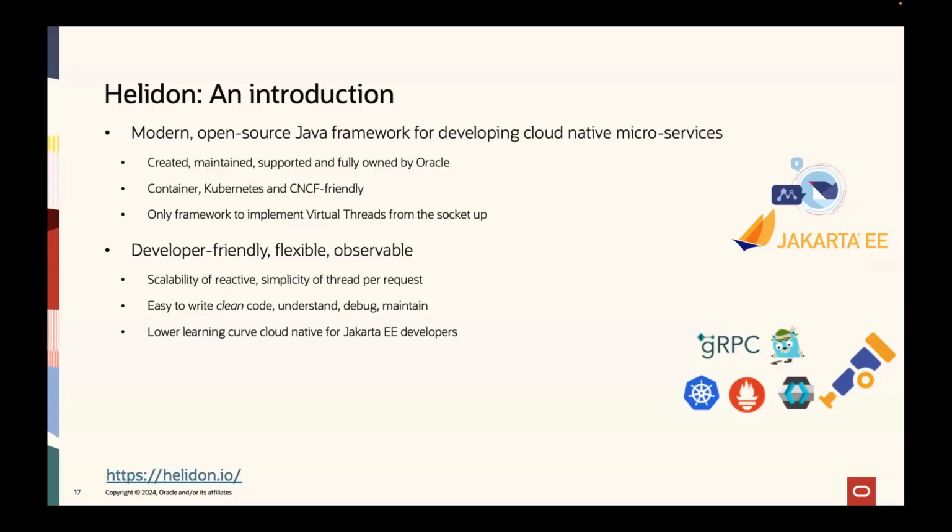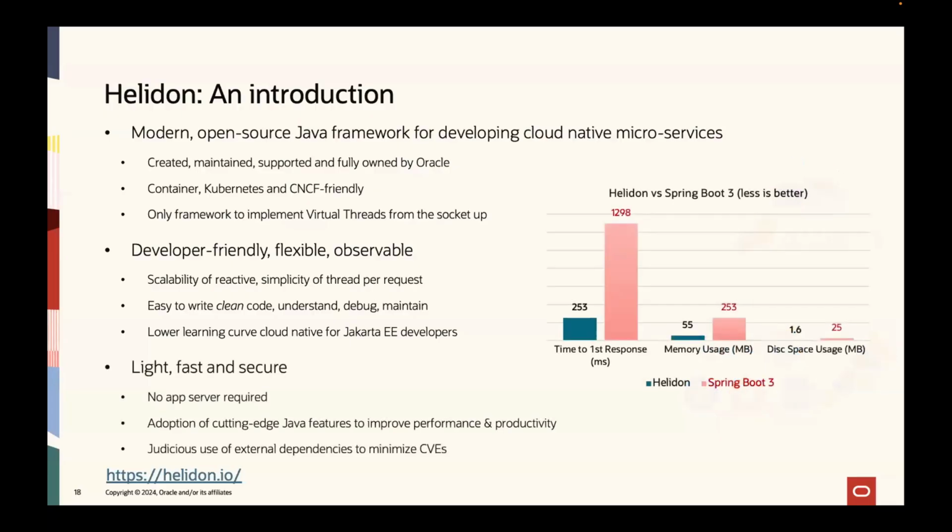So it's easy to write clean code that is easy to understand, debug, and maintain. It also has a lower learning curve for cloud native, Jakarta or Java EE developers that are used to certain standards, for example annotations, which use CDI, JAX-RS for REST services.